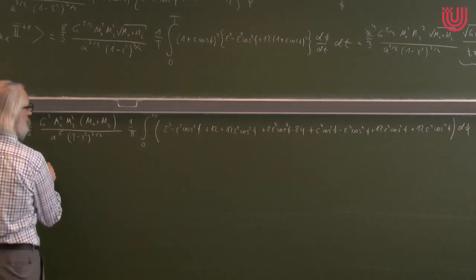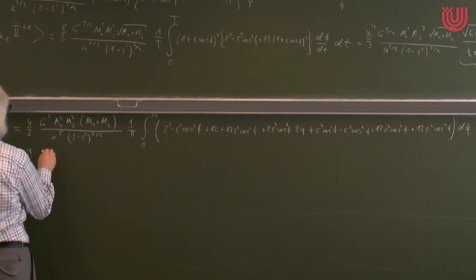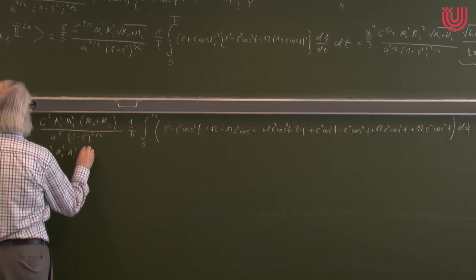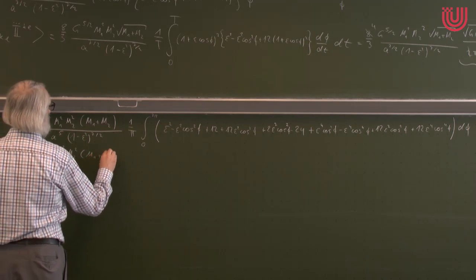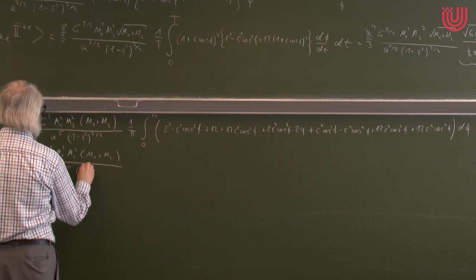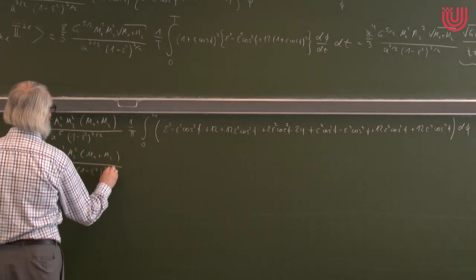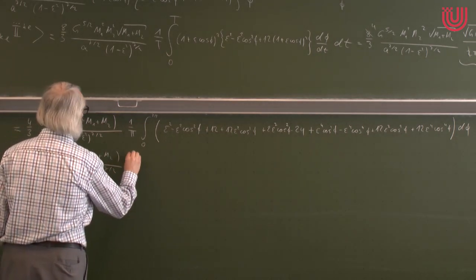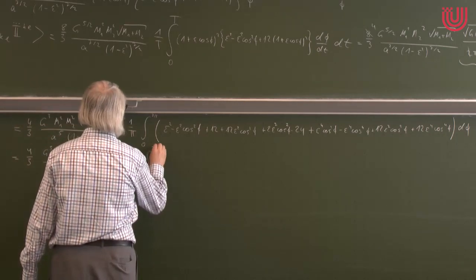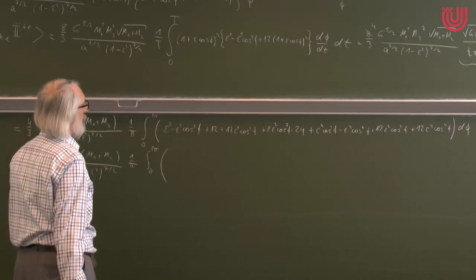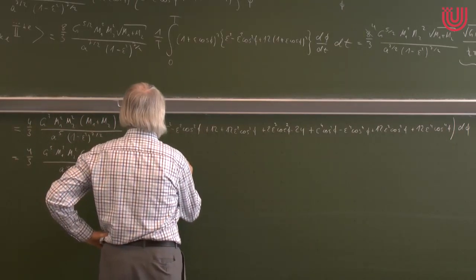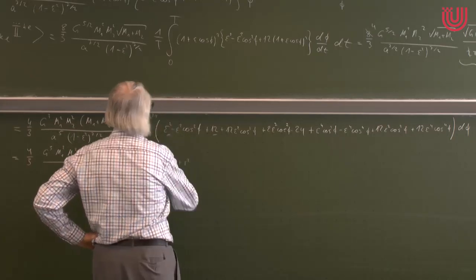Of cosine phi. So I have 4/3 G cubed m1 squared m2 squared m1 plus m2 over a to the 5, 1 minus epsilon squared to the 7 half, 1 over pi. Okay. Let's see. Terms without cosine phi, I have a 12 plus epsilon squared.